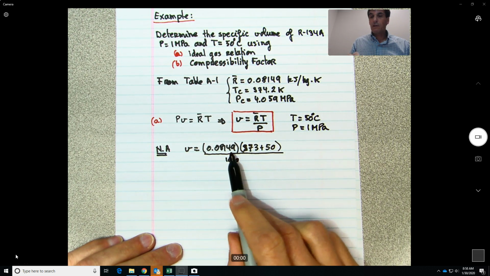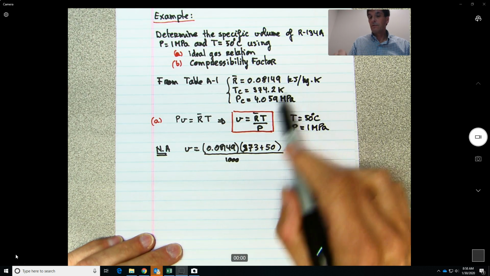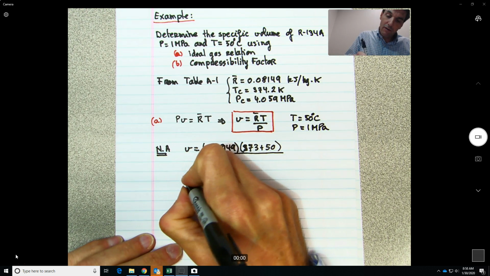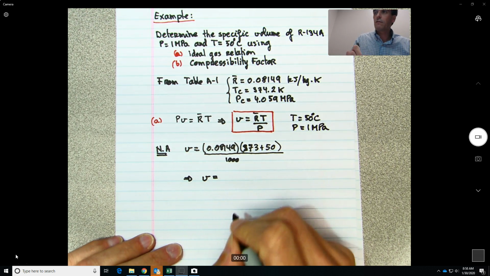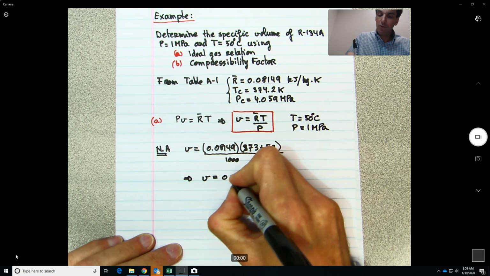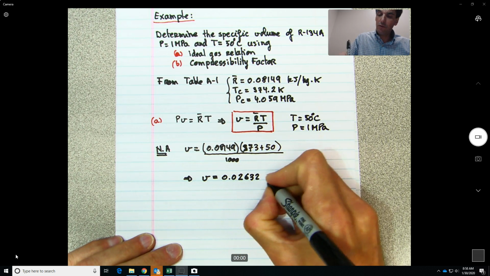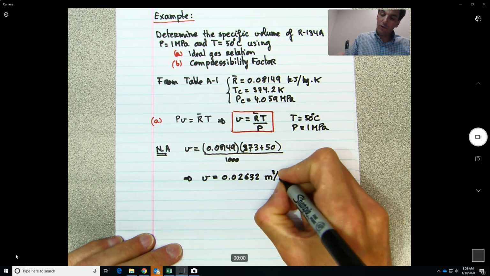That way this will cancel with the units of kilojoules. If you do this calculation, you get that the specific volume is equal to 0.02632 cubic meters per kilogram.